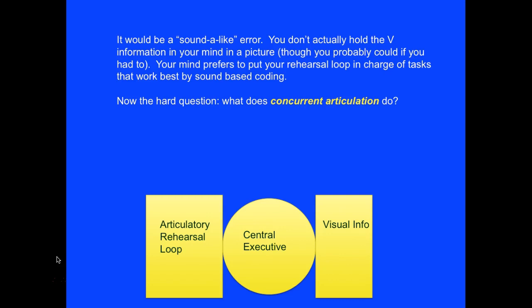Which list should be harder to remember and why? Another way of asking that is, which list would you be more likely to remember more words on? The answer is, you would be more likely to remember more words on the short word list as compared to the long word list.